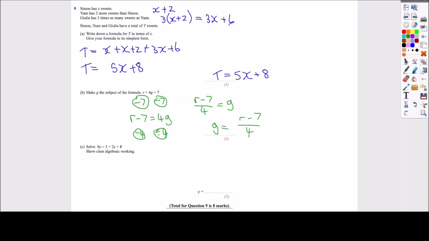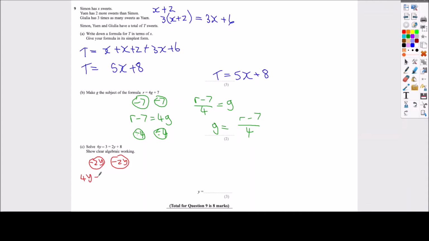Now for part C, solve that equation. So to get all the y's on one side, I'm going to take all the y's to the left-hand side, which has got the bigger number of y's to start with. So I need to move the plus 2y, so I'm going to take away 2y from both sides. So 6y take away 2y is 4y.